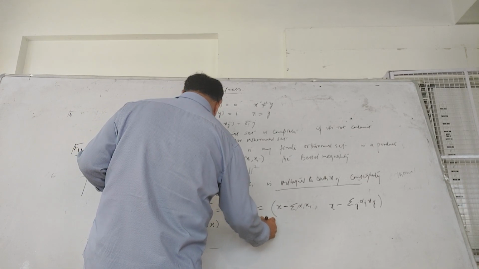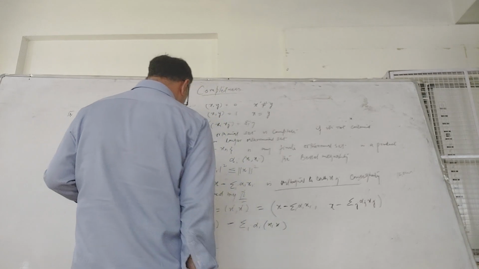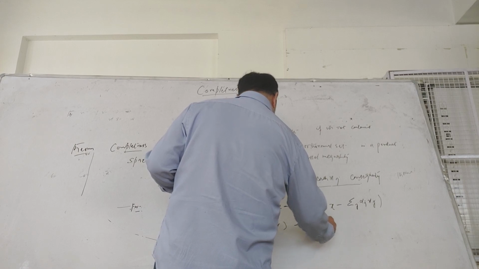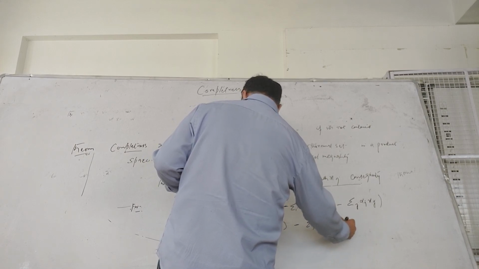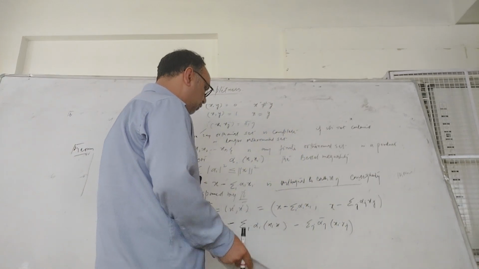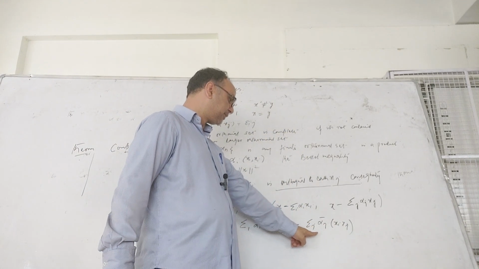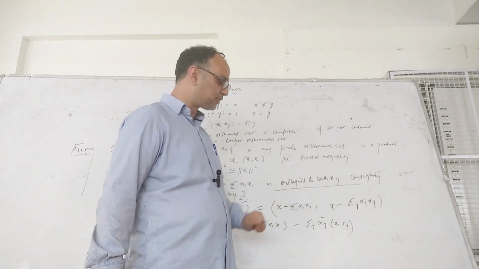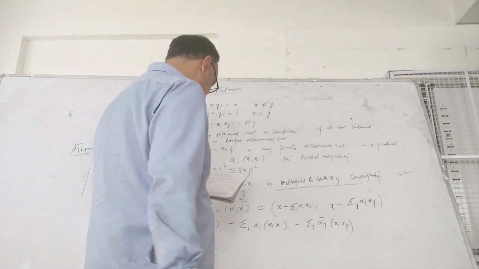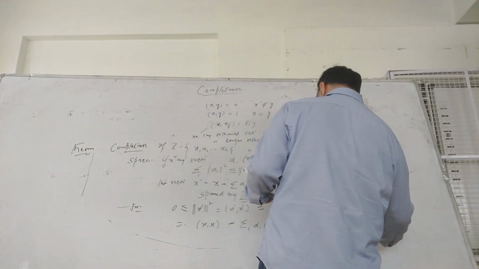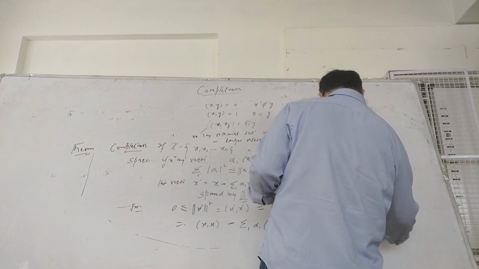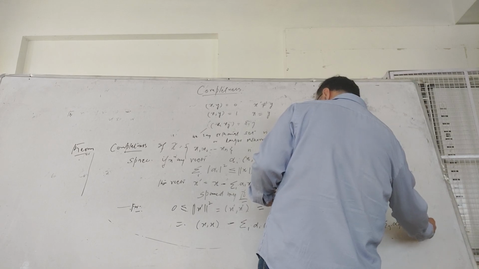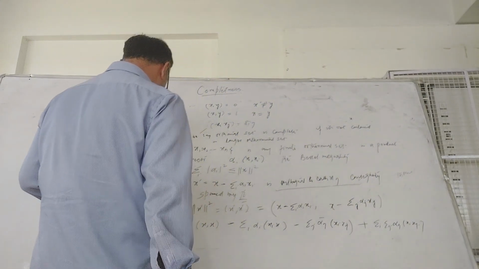The first is the inner product of x and x, then the sum of alpha i xi with x, then xi with xj times alpha j. There is a complex conjugate, because when we defined orthonormal sets yesterday, one of the properties was the conjugate. The fourth term is sigma i, sigma j, alpha i alpha j conjugate, xi xj.